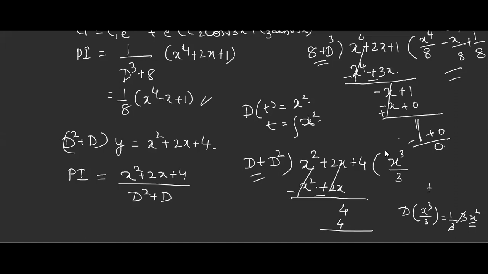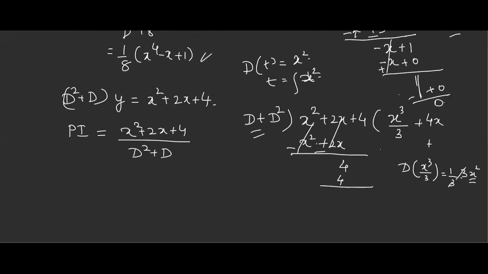Integrate. 4x. Very good. Actually, it is tricky, but very easy. The differentiation of 4x is 4, and the second order derivative of 4x is 0. So your PI is x cube by 3 plus 4x. Hope that's clear. Okay, I don't know what happened to the chat.